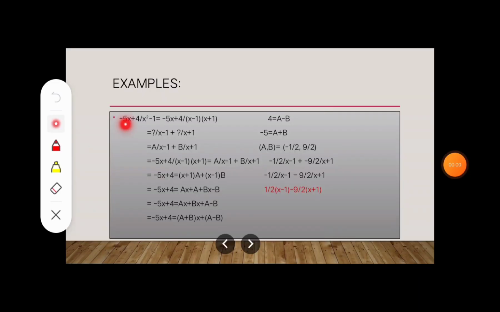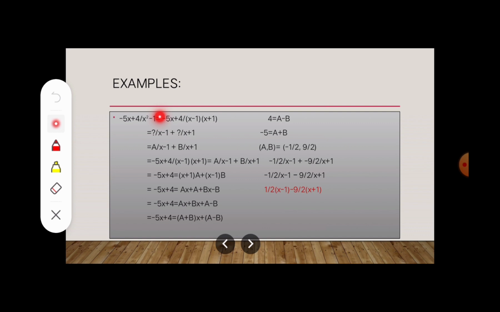Have another example. Negative 5x plus 4 over x squared minus 1. So use a squared minus b squared is equal to a minus b times a plus b to factor the expression. So we have negative 5x plus 4 all over x minus 1 times x plus 1.